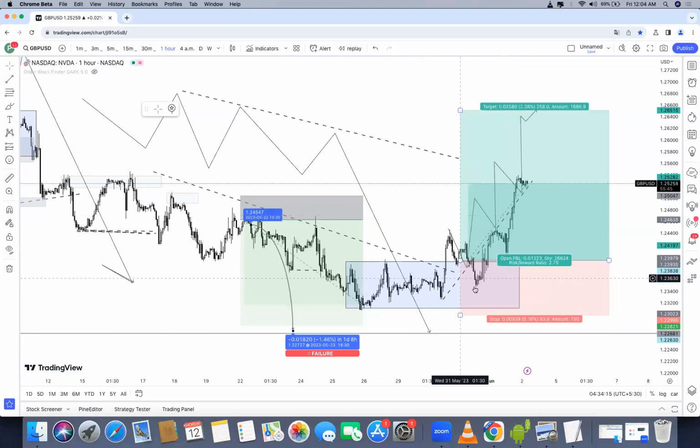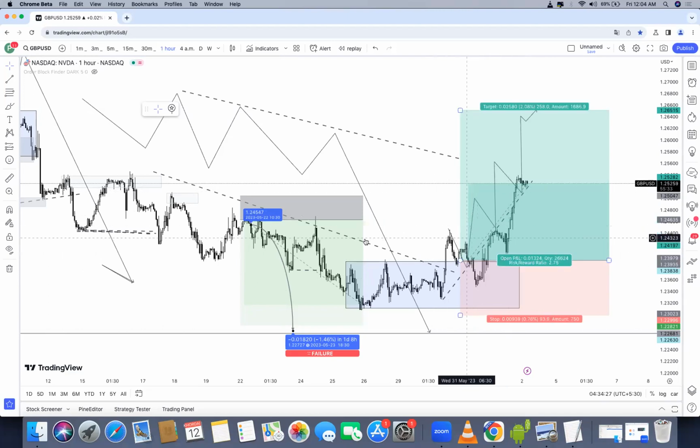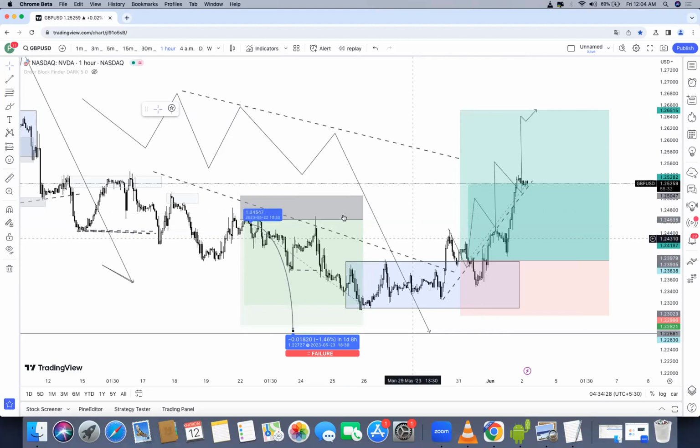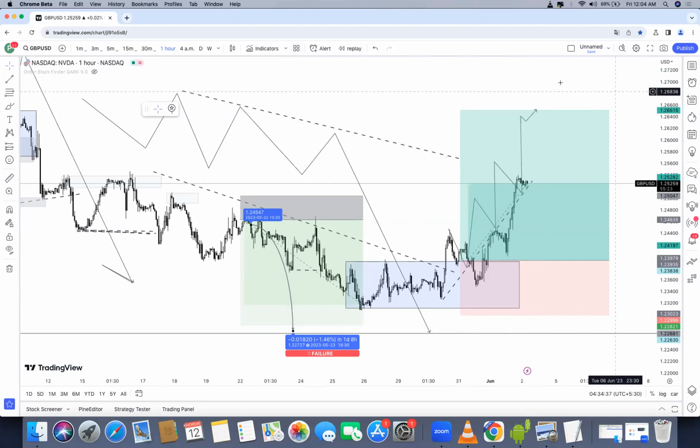This is a very good example, and I love the way markets really do this. Let's say you had your buy limit here, you win fantastic profit. This is the second trade we took on GBP, and we're making profit.